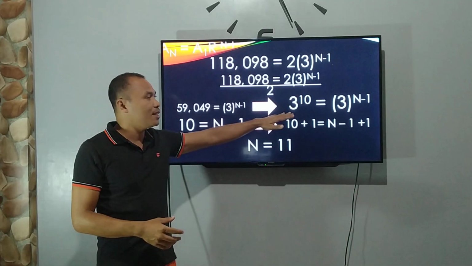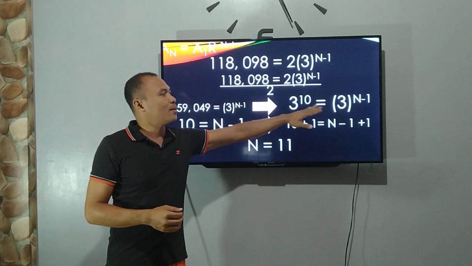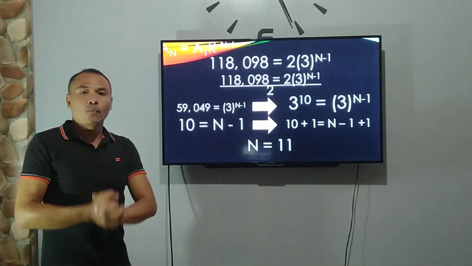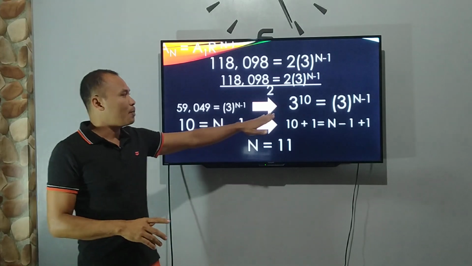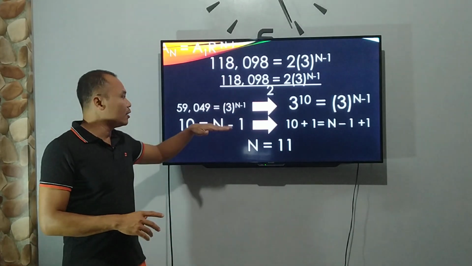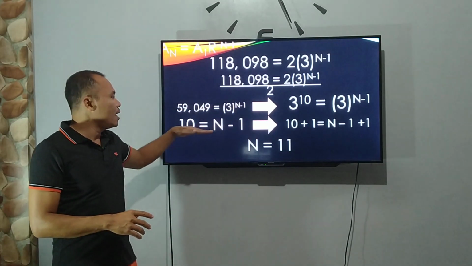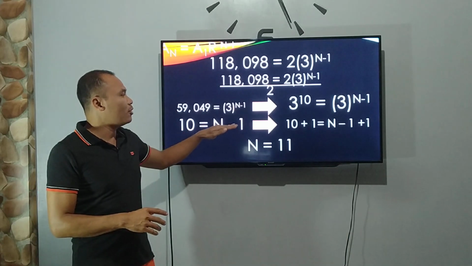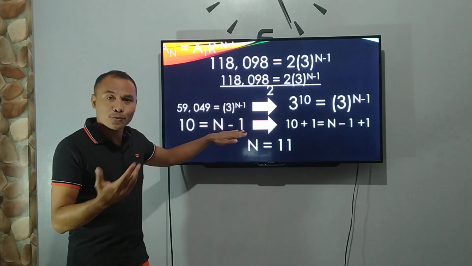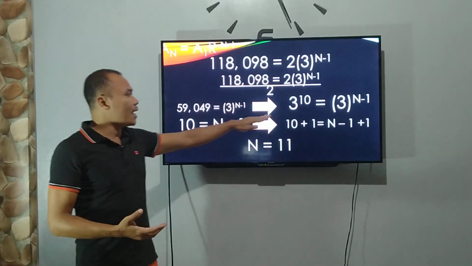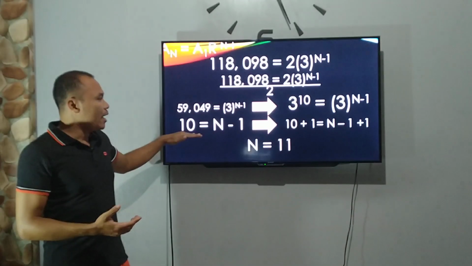And let's proceed with the next. Since we have the same base 3, we will equate the exponents. So, with the same base 3, we just equate the exponent: 10 is equal to n minus 1. Nasusundan nyo? This is what remains. When the bases are the same, equate the exponents. And why did it become that way?